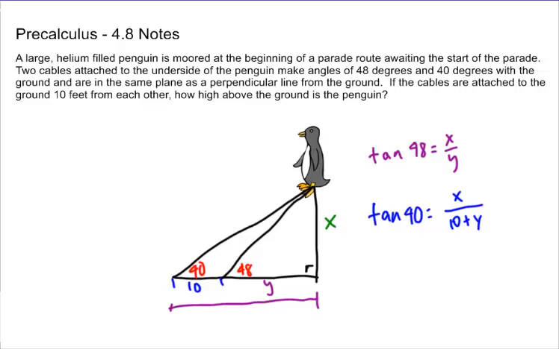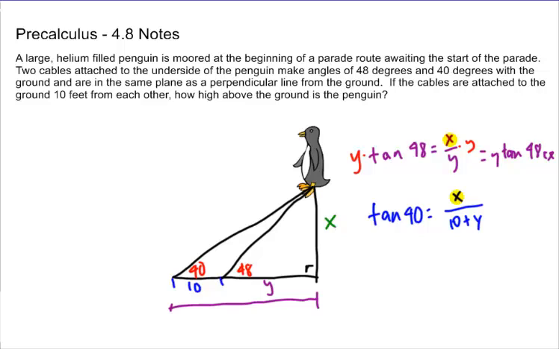So here's the deal. We want to know what x is. And x has to be the same for both problems. So let's just rewrite these just a little bit. We'll move the y over, so multiply this guy by y, multiply this guy by y. And what I end up with on my top equation is y tangent 48 is equal to x.